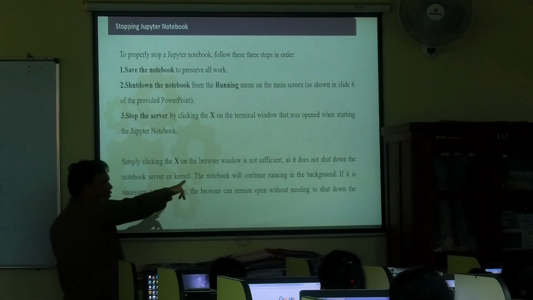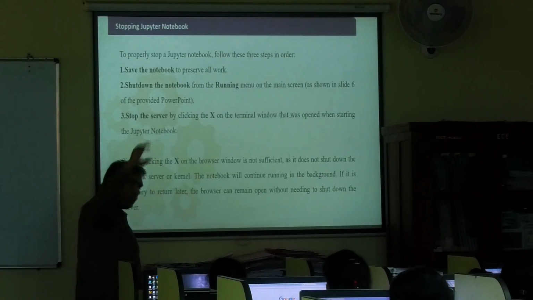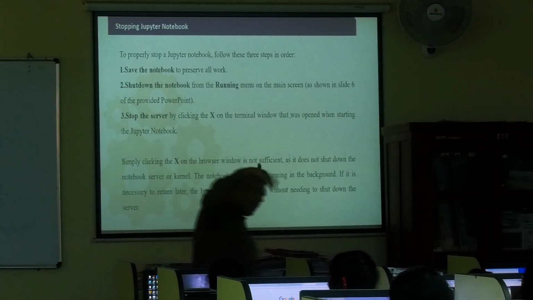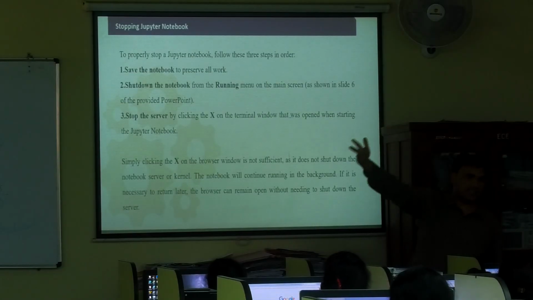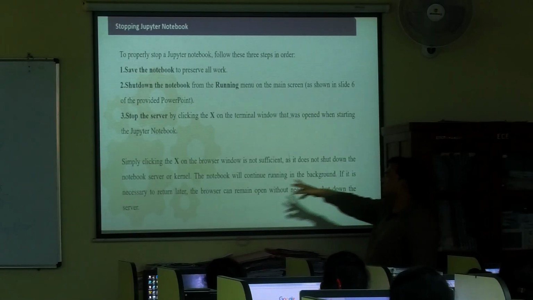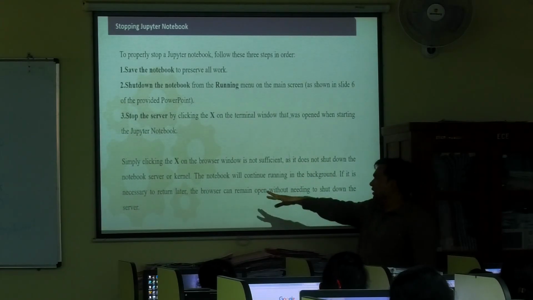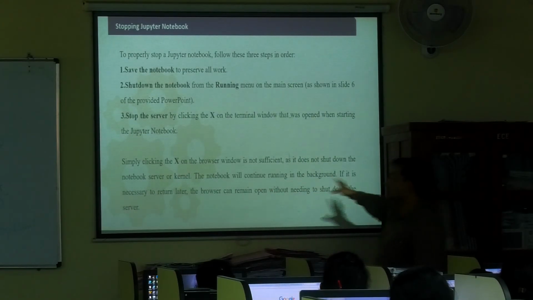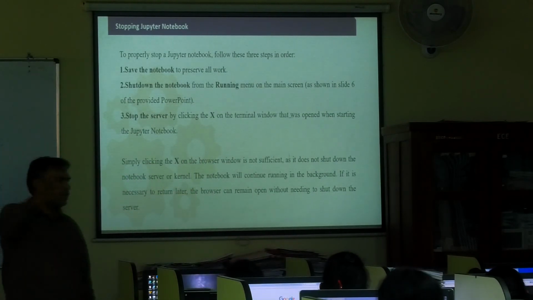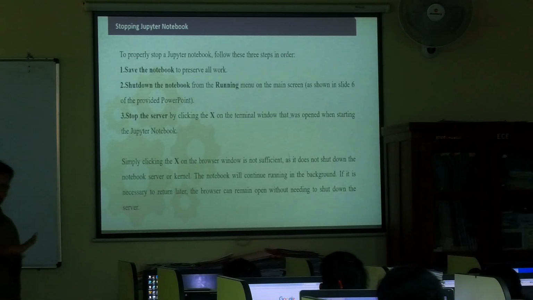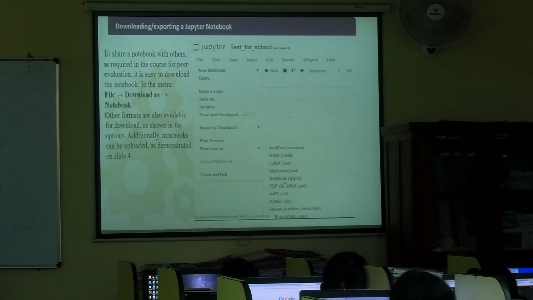So the notebook will continue running in the background. If you do not stop it, the notebook will run in the background because it is running by the kernel on the backend side. So you have to stop it. If it is necessary to return later, the browser can remain open without needing to shut down. If you don't close the notebook, once you start again, the notebook will be in the same position. So that will be the case here.